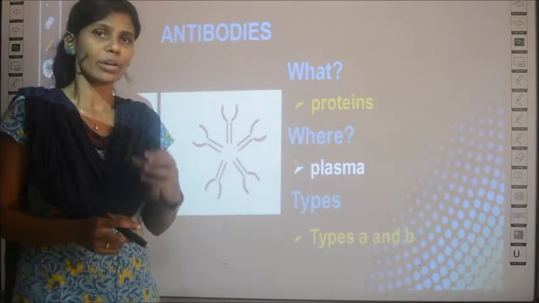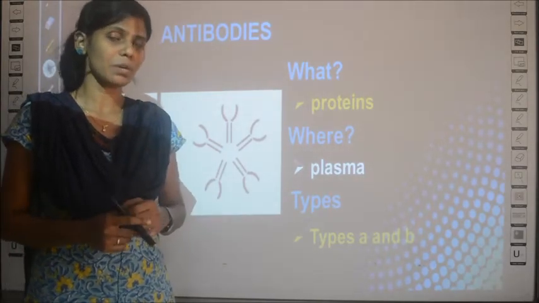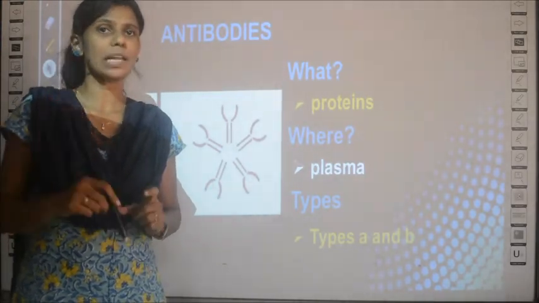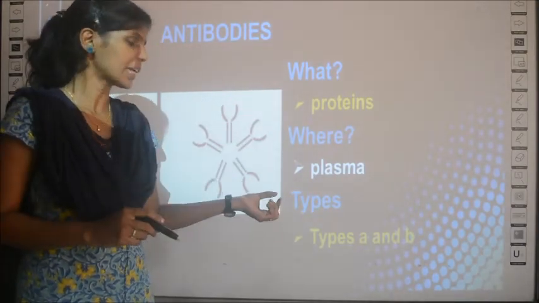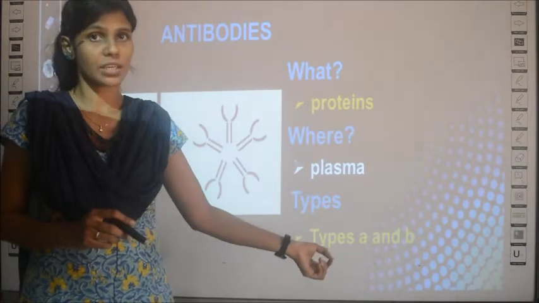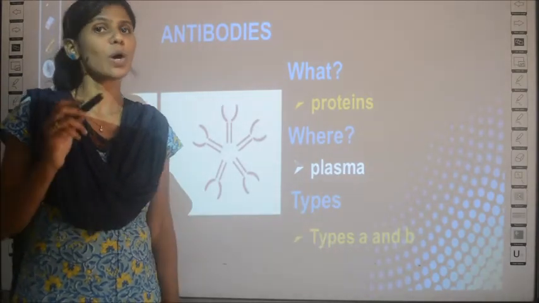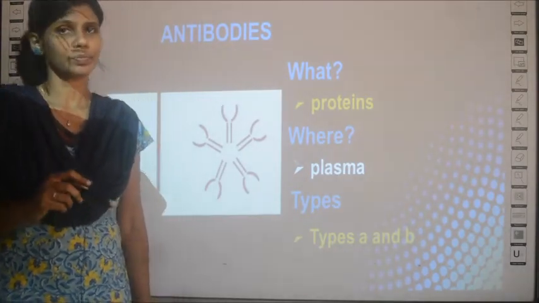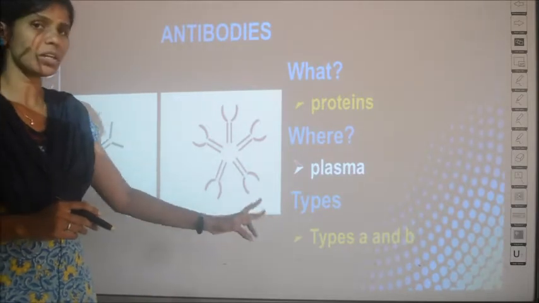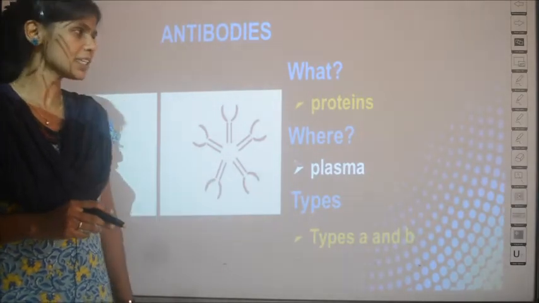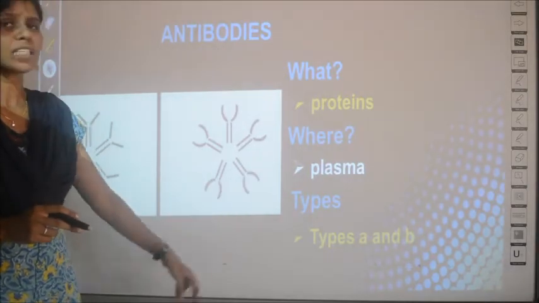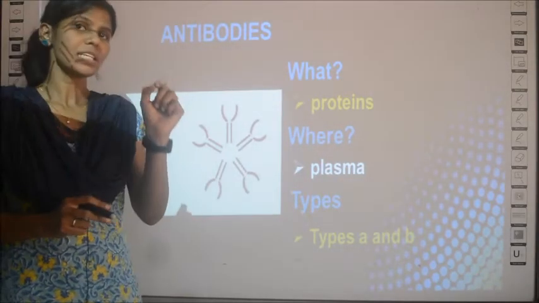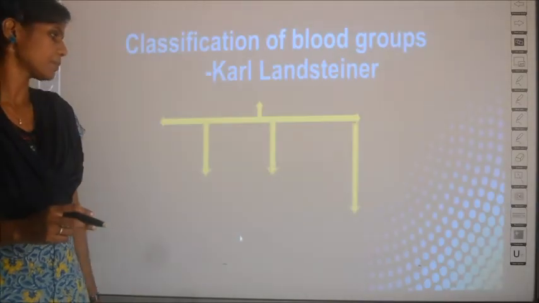Every time for antigens, when you write A and B, you have to use capital A and capital B, and every time you want to write the type of antibodies, you have to write small a and small b. Clear? So antibodies are always represented by small a and small b. Antibodies are proteins present in the plasma and they are represented as small a and small b types.